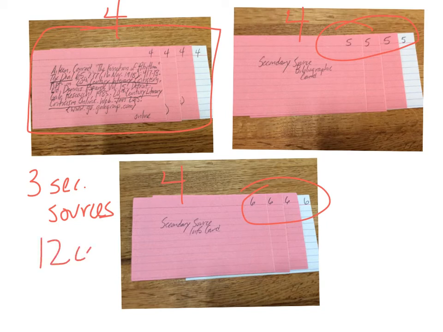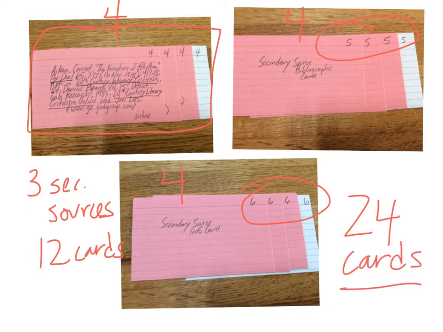That's going to be 12 cards minimum. A total of 12 cards for the short stories, 12 cards for the secondary sources. So my final total is going to be 24 cards minimum. Minimum of 24 cards.